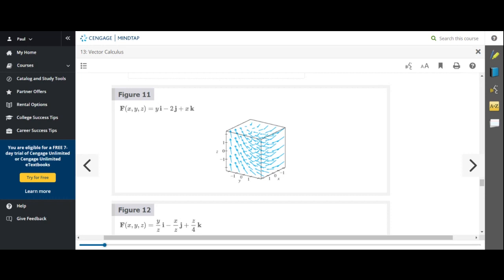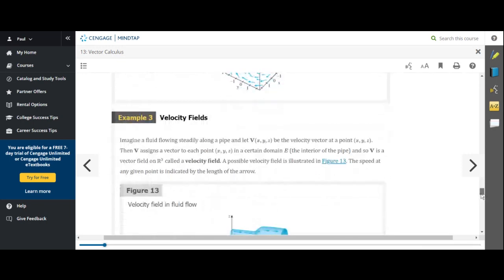They can go up, they can go down, depending on where you are in space, depending on what point the vector starts from, but it's always going to be going to the left. Okay, are there any questions on that? Okay, well let's move on here.